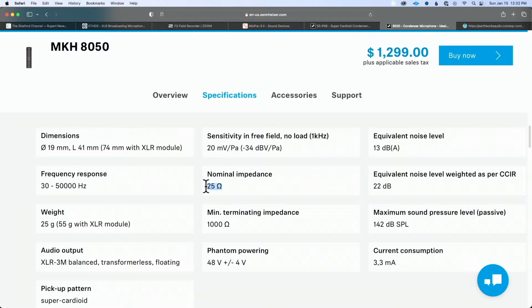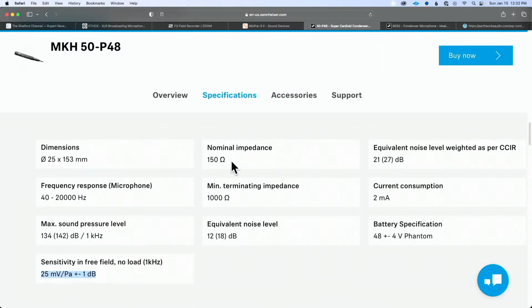What about the nominal impedance? On the 8050, we're looking at 25 ohms. On the MKH50, it's 150 ohms. So what that tells me right now, Shoji, is that the circuit design is not exactly the same. It's slightly different. Just some other things that we might look at. You can see here, this is what it's expecting the input impedance to be, at least 1,000 ohms.